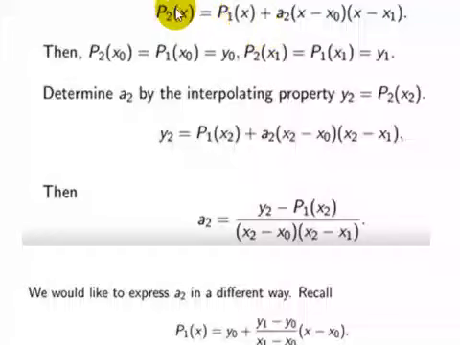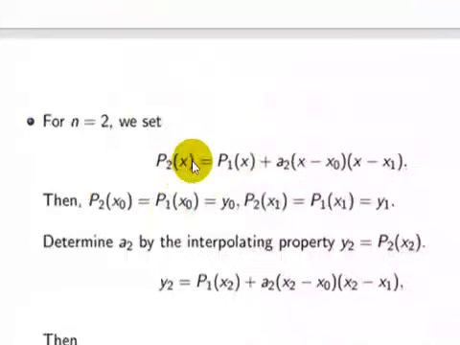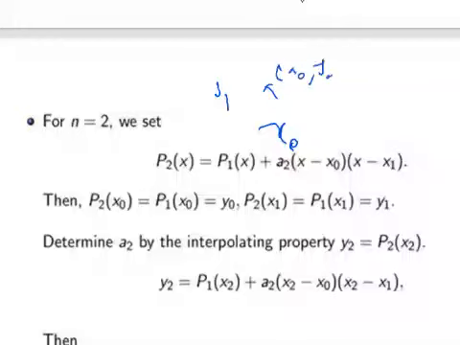That's because we want this polynomial to pass through that data point x0, y0, and then x1, y1, and we have another one, x2, y2, right?